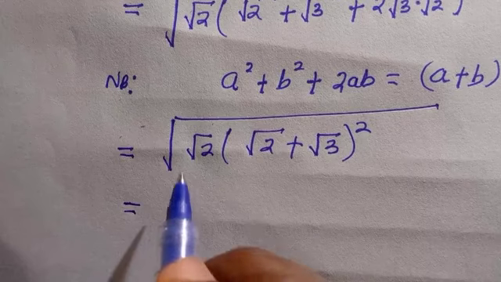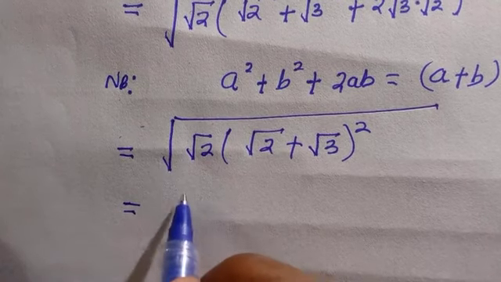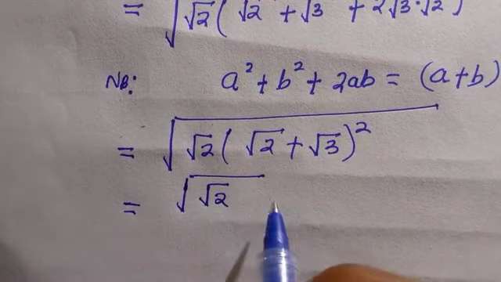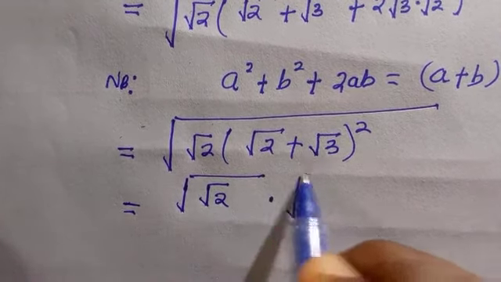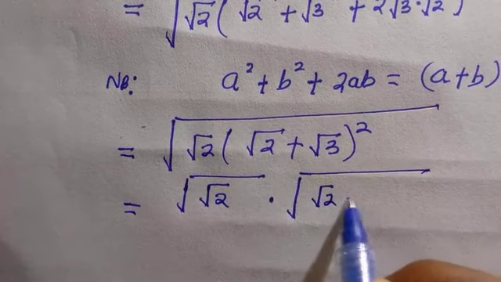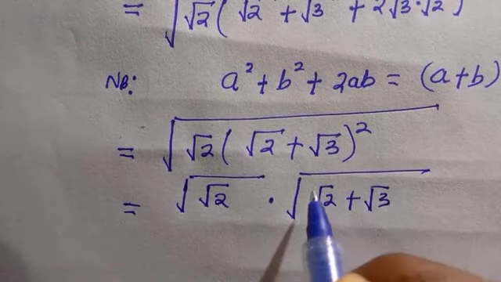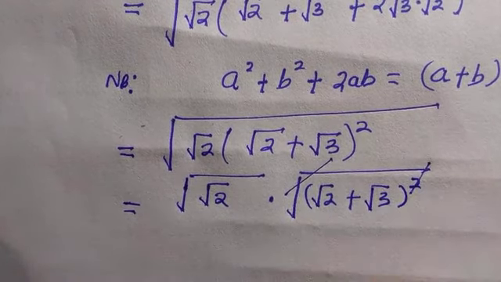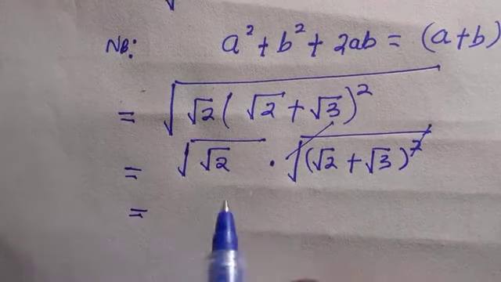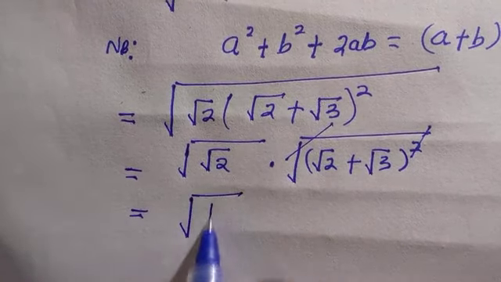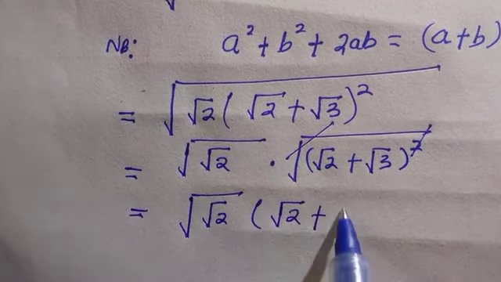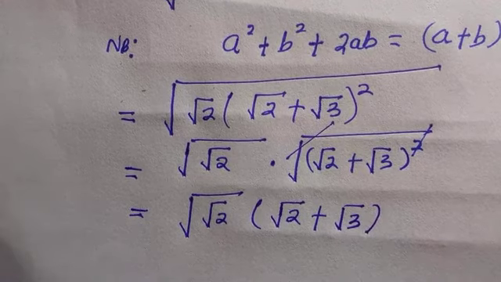And since we are sharing the general root, we can separate it as root of root 2, then dot the root of root 2 plus root 3 all raised to the power of 2, and square and square root cancel for this. Then we have root of root 2 bracket root 2 plus root 3. So that is what we have at the right hand side.